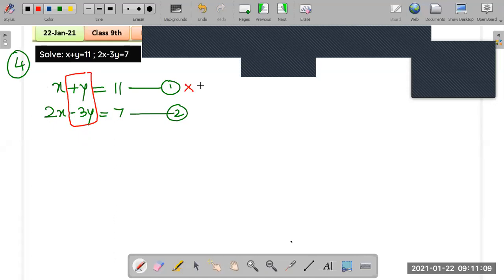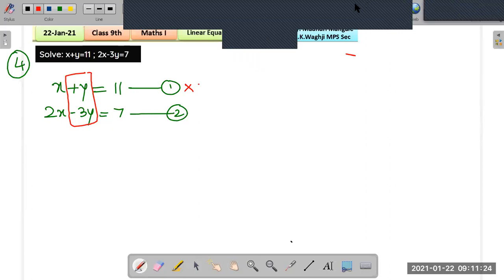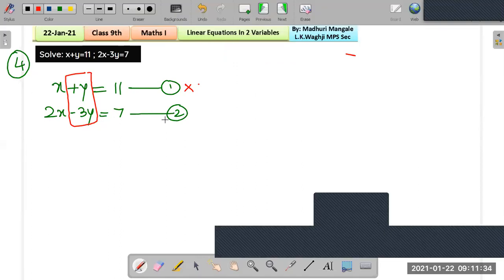Multiply equation 1 with, okay, yes, I think you are able to see those boxes here. I'll just try to remove them, just a minute. Okay, so now we are working on the y coefficients.